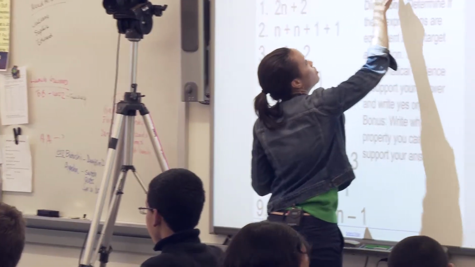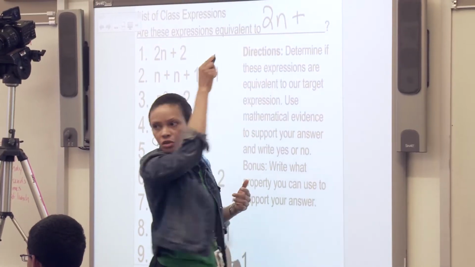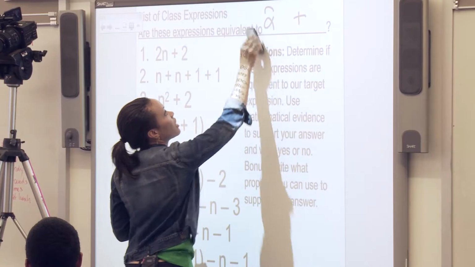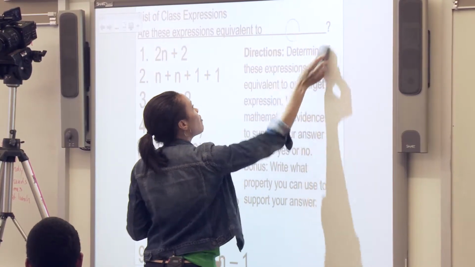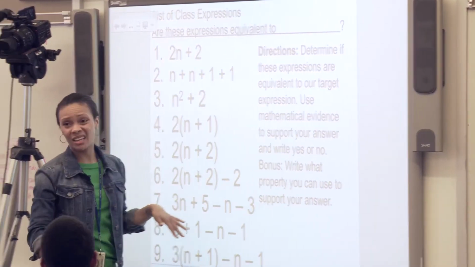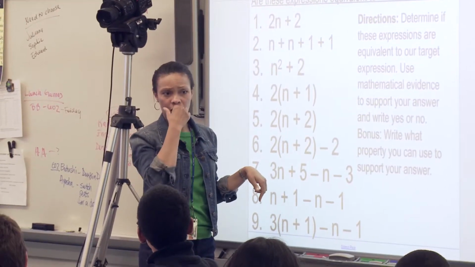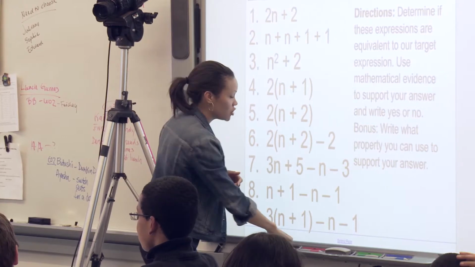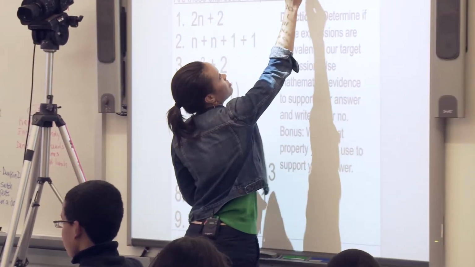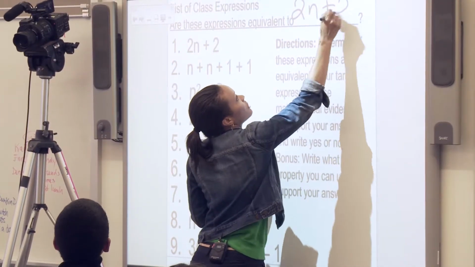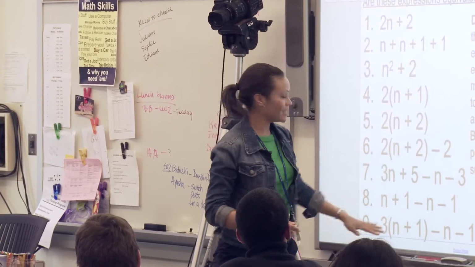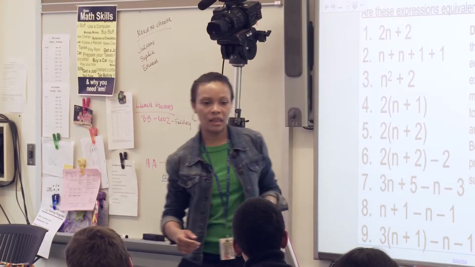Kaylee gave us 2s plus 2, I apologize. And what did s stand for, Kaylee? Shape. So if I write 2n, because all of these have n's, what might n stand for? Shape number, right? It's still the variable. You're right, Kaylee, you did do 2s. I'm going to write it with n for the sake of consistency, because all of these have n's. I'm wondering which of these 9 are equal to the expression that Kaylee gave us.